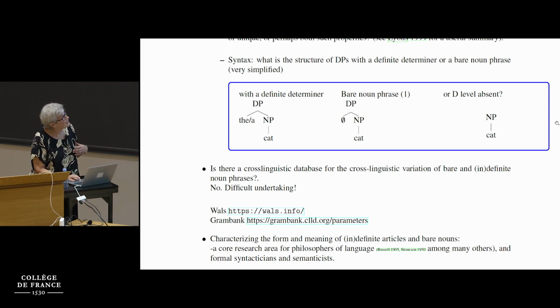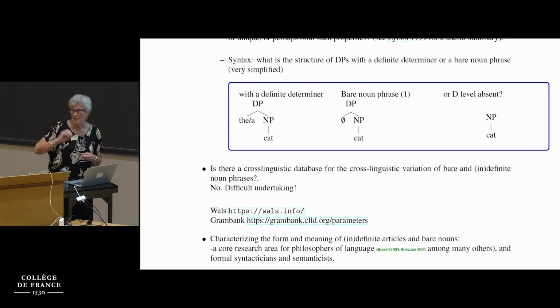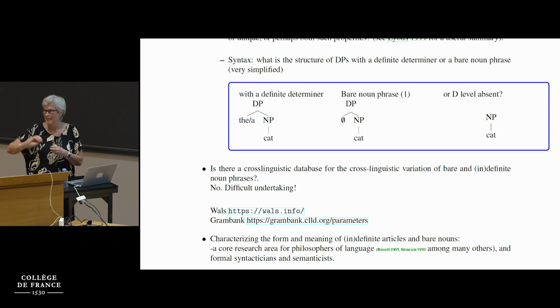So is Chinese only having a smaller level? In which case your semantics will need to be different from if you have a zero determiner or not. And so there's a question of which component of grammar is going to account for the meaning or the correspondence between the structure and the meaning.